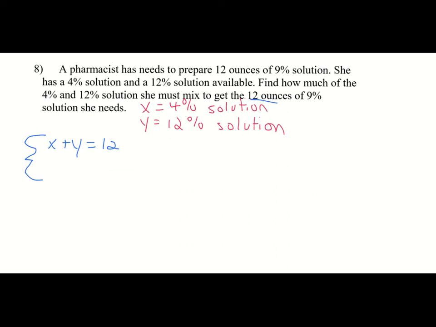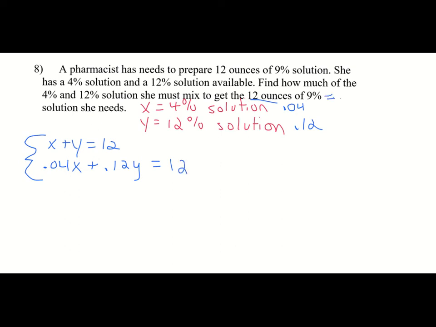Now, the other part is just like we did before. Now we're going to look at the percentage, not the cost. A 4% solution, remember, as a decimal, you move that decimal point 2 places to the left. So it's going to be 0.04x plus 12% is 0.12 as a decimal, so 0.12y. And then here again is where we need to multiply together. We need 12 ounces, but it needs to be in the 9% solution.